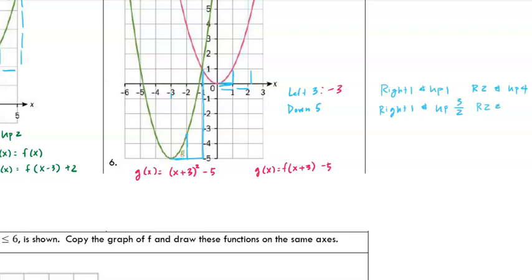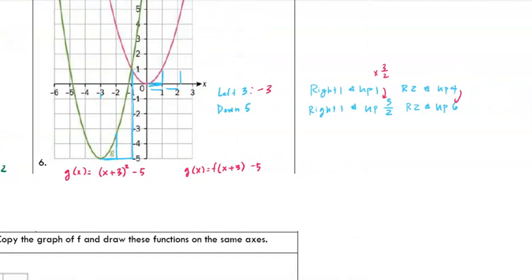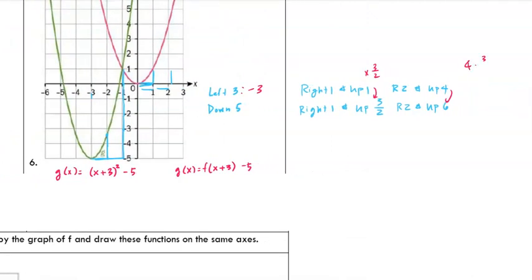Right 2 and up 6. Okay, so it looks like from here to here we multiplied by 3 halves. Is that true for this? 4 times 3 halves is 6. So we're multiplying these by 3 halves.